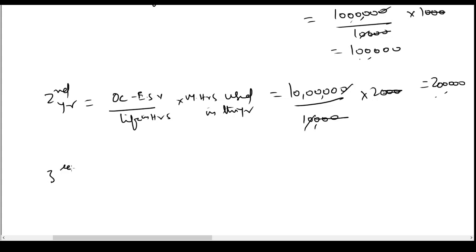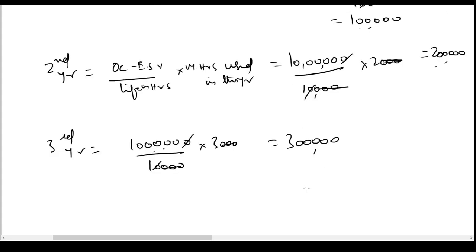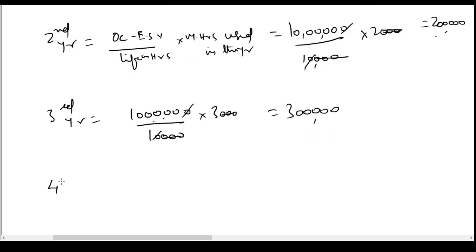Similarly for the third year, the depreciation would be 10 lakhs rupees divided by 10,000 hours. Used in the third year was 3000 hours. So it will be 3 lakhs rupees. Similarly for the fourth year, it will be 10 lakhs divided by 10,000 into 4,000 hours.